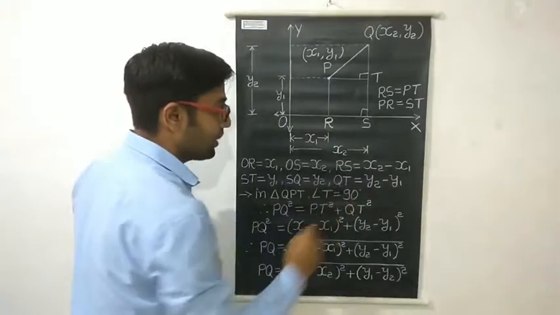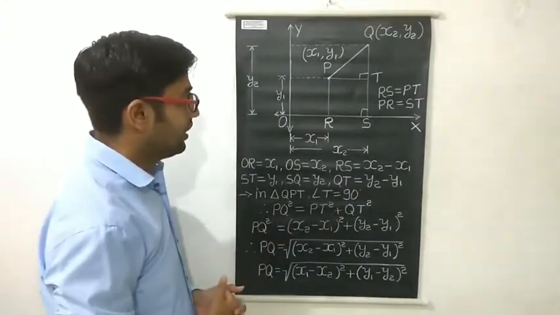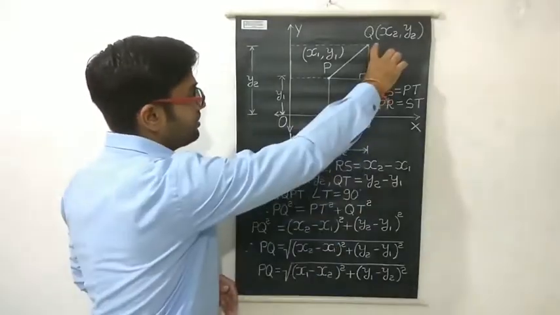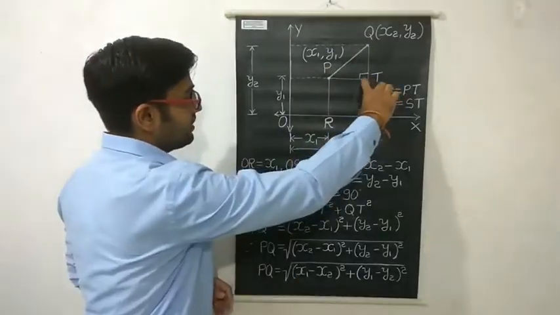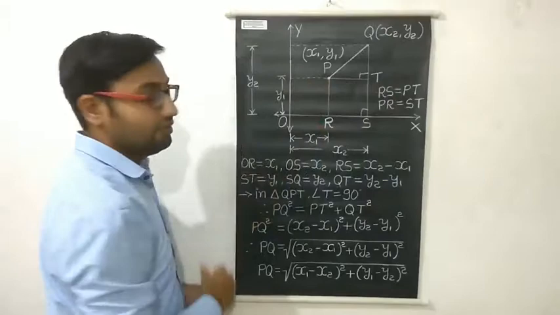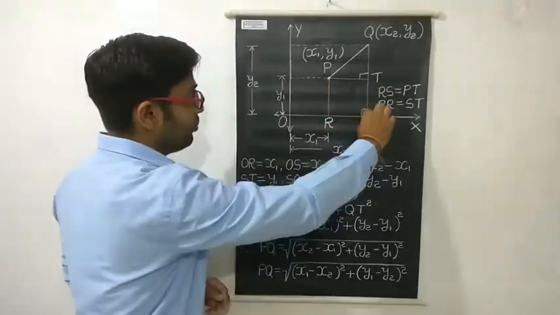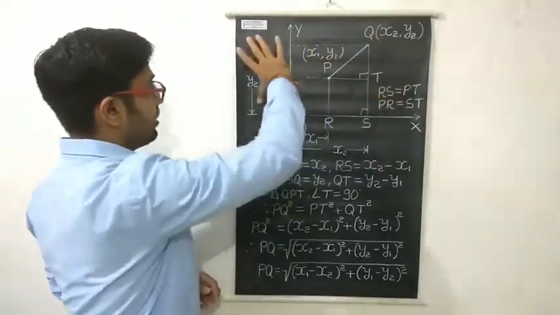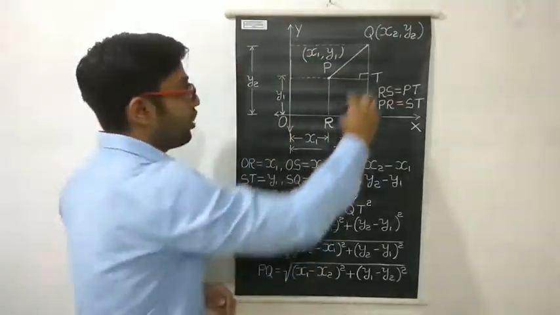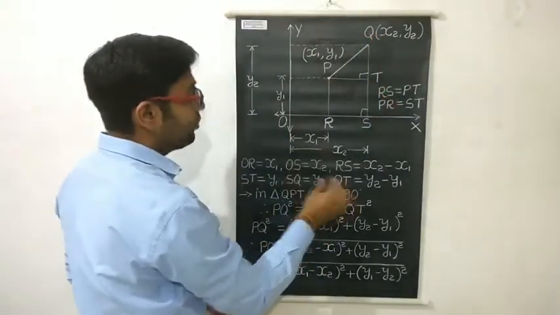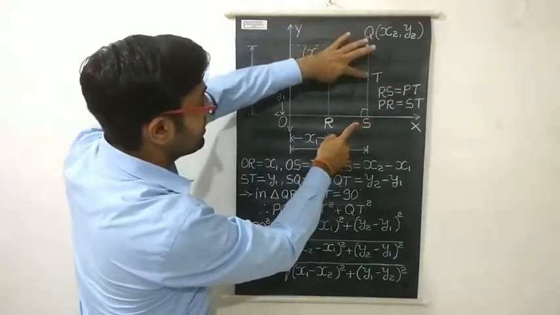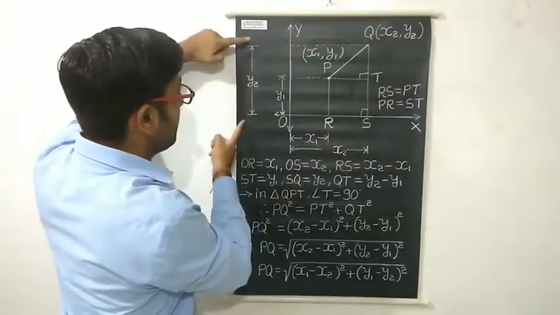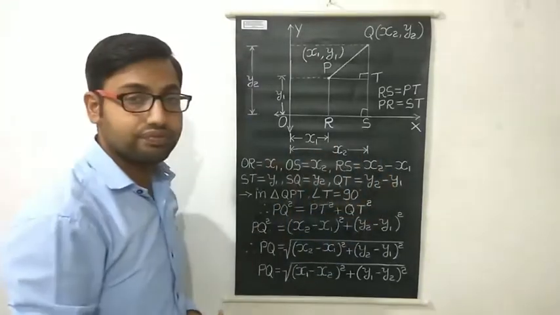So RS equals x2 minus x1. In the same way, what is QT? Here we have ST, which is the distance y1. SQ, the distance from S to Q, is y2. So how much is the distance QT? QT is SQ minus ST, that is y2 minus y1.